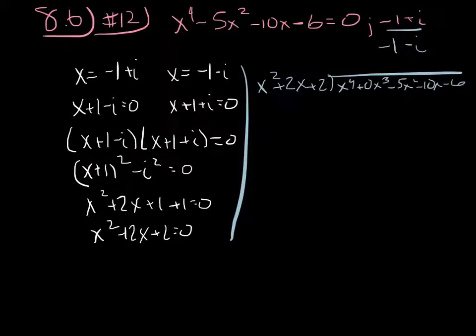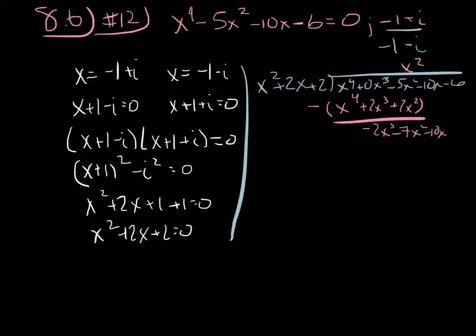Remember, you can do this with synthetic division if you want. I get x squared. That gives me x to the fourth plus 2x cubed plus 2x squared, and you subtract. Okay, and so I get negative 2x cubed minus 7x squared, bring down the negative 10x. So when I do that, negative 2x cubed divided by x squared is negative 2x.